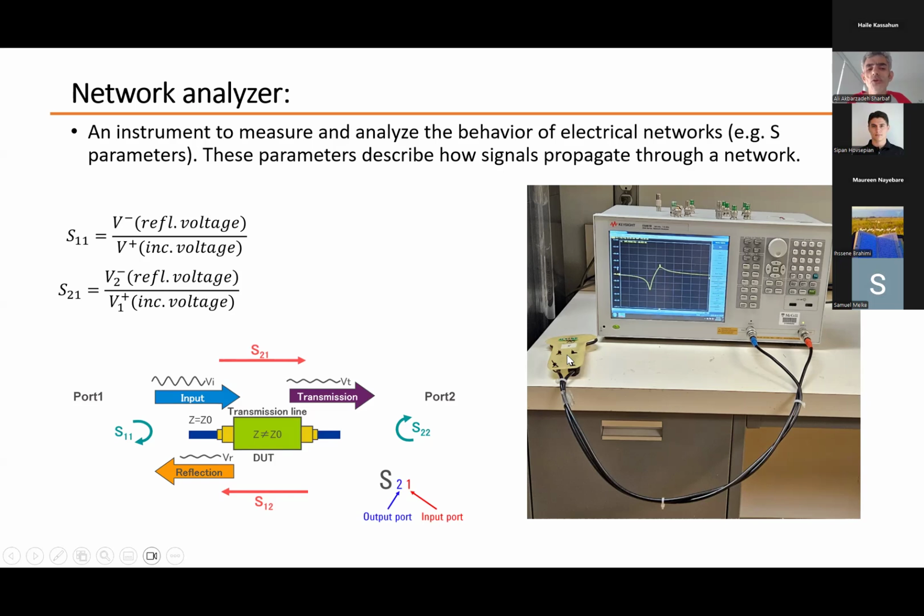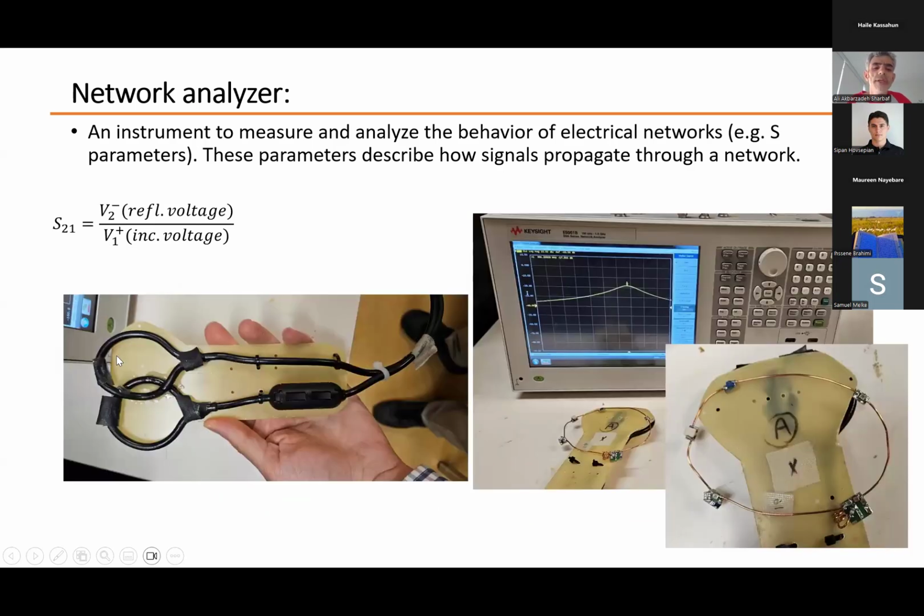Here, in order to do the measurement, we use this dual pickup loop. It has two loops with an overlap. One loop is connected to one port of the network analyzer, and the other loop is connected to the other port. Imagine we want to measure S21. The network analyzer sends a signal to port 1, the signal goes into the loop connected to port 1, and it generates a magnetic field.